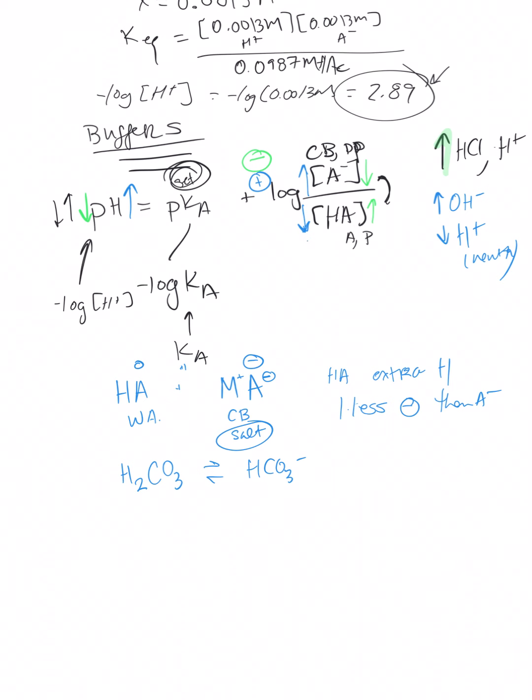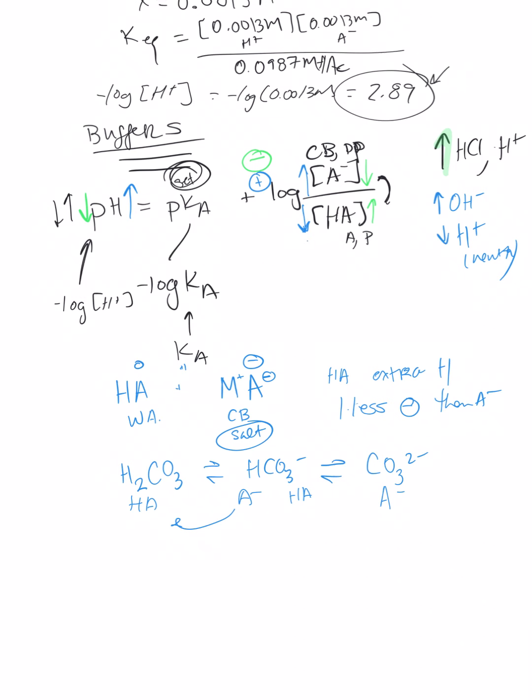Similarly, the second proton on carbonic acid can also fall off, and we can get CO3 2 minus. So if this is our HA, this is the A minus for this reaction, but there's also a second reaction where this is our HA for the second deprotonation event, and this carbonate is the A minus for the HCO3 minus.